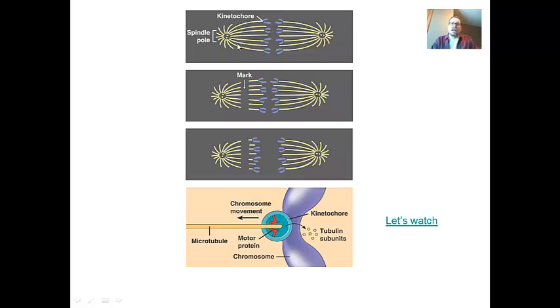Is it degraded here? As it pulls it forward, does it degrade after it reels it in, or do the microtubules degrade behind? Work done at the University of Wisconsin selectively tagged the spindle fibers for fluorescence, and then took a laser and cut the mark.